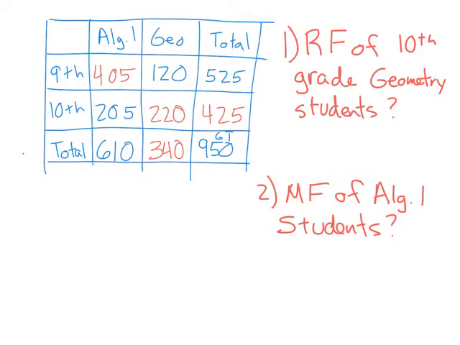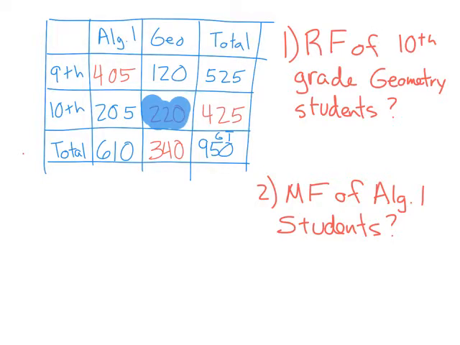Okay, so if I'm looking for relative frequency of 10th grade geometry students, I want to first find the 10th grade geometry students, which would be this 220, right? Maybe I should do a different color. Okay, that 220. That still doesn't show up very well. Oh well.